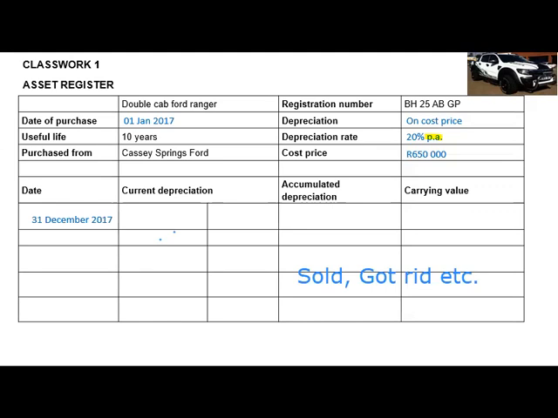What is the date there? Okay, guys, I said you must calculate depreciation up to when here? 31 December. I asked you to calculate depreciation up to the 31st of December.